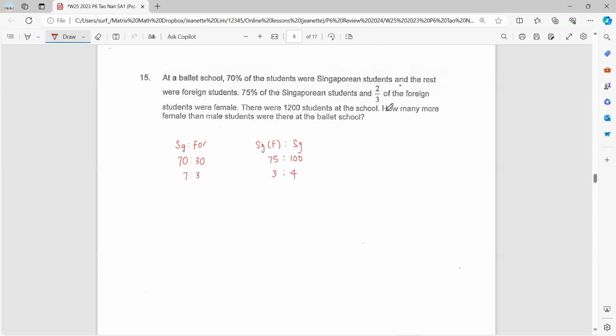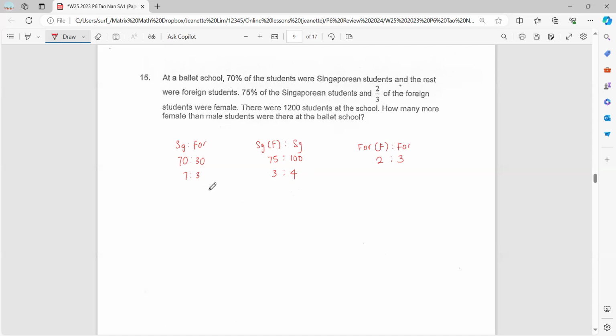Next, 2/3 of the foreign students were female. So the foreign female students to the total foreign students is 2 to 3. Next, we need to find a common base, and the common base is the total number of Singaporean students, in this and this. Make it the same.